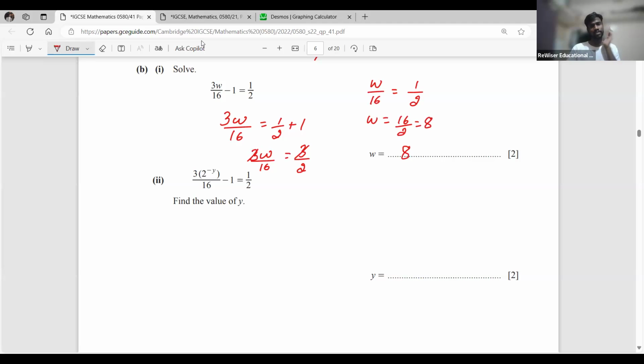And if I try to solve this part 2, if you observe it, these two questions look exactly the same. So instead of W, I have this 2 power negative y. So which means I can say this 2 power negative y is the same as W. And we got the value of W to be 8. So 2 power negative y is equal to 8.